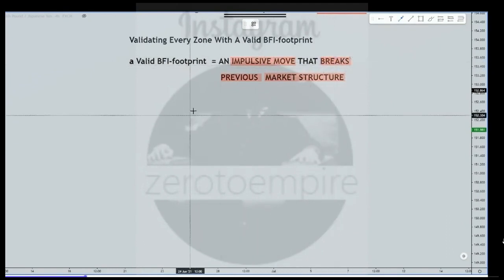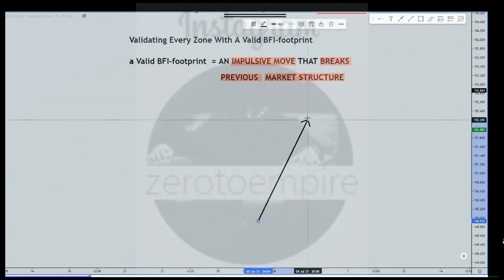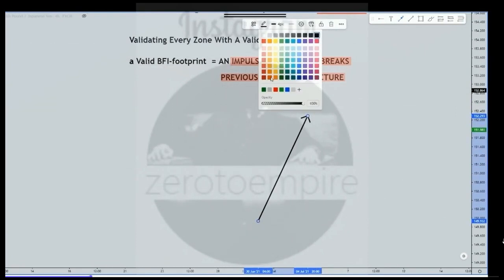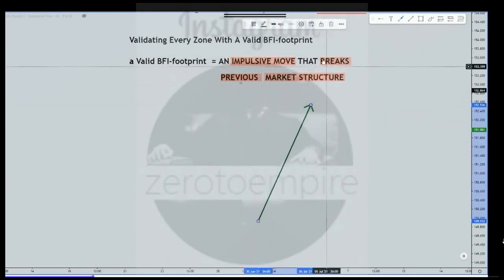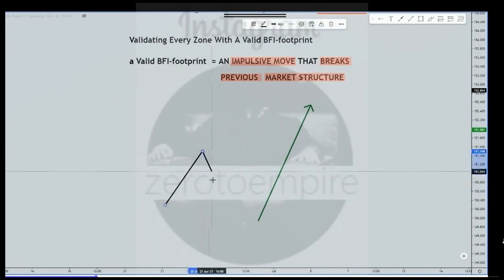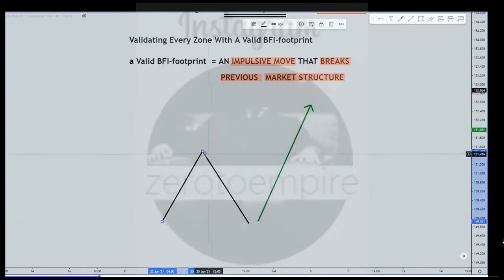Let's look at the next important word, which is breaks. So this impulsive move, or this upwards impulsive move, breaks previous market structure. But let's focus on breaks and how it could break. Let's just say that this is a previous market swing point.